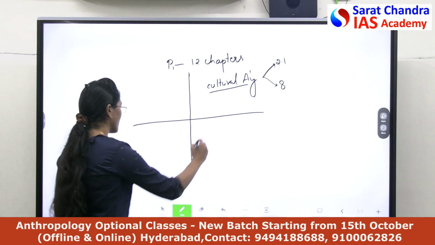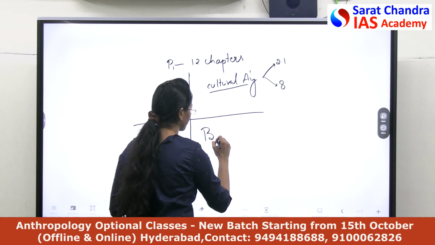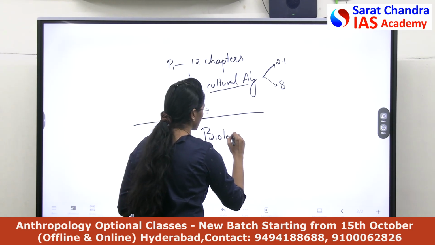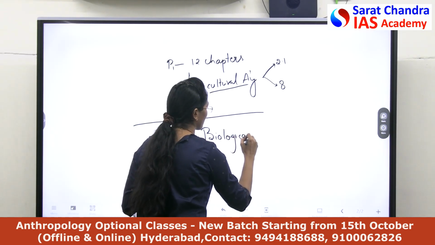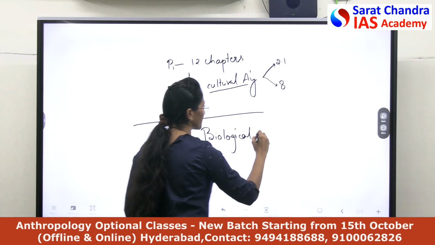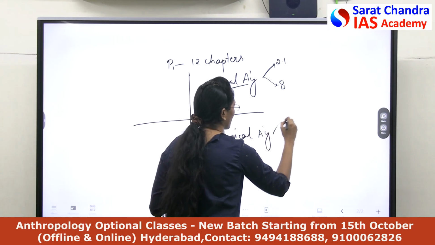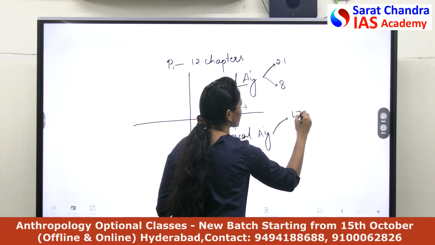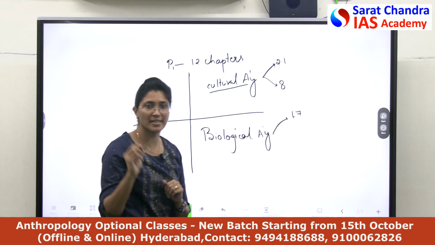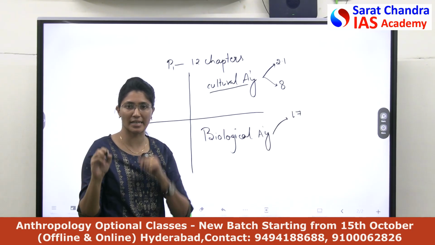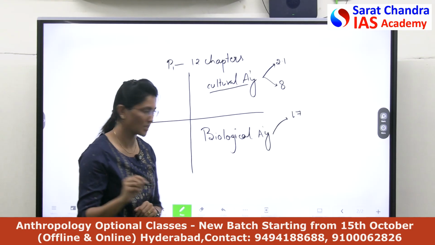Next, biological anthropology. In biological anthropology, you have 1.7, which is the basic structure of the cell. It starts from DNA replication, protein synthesis, and all.